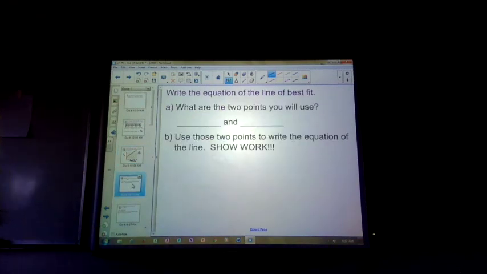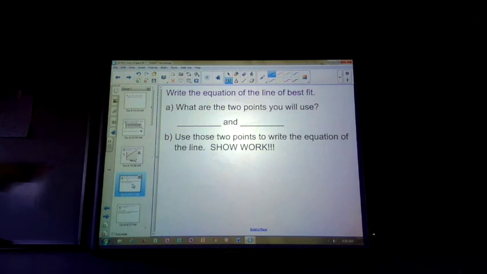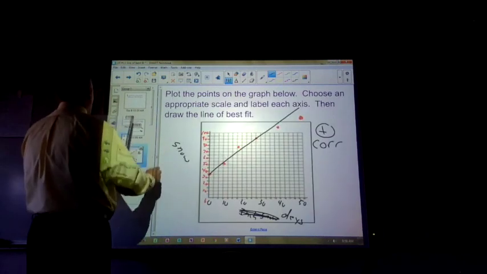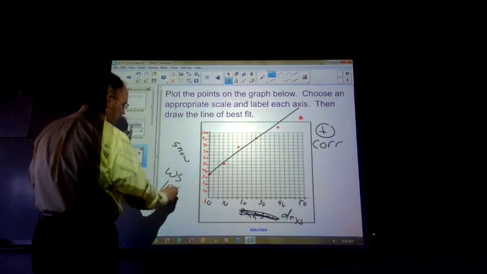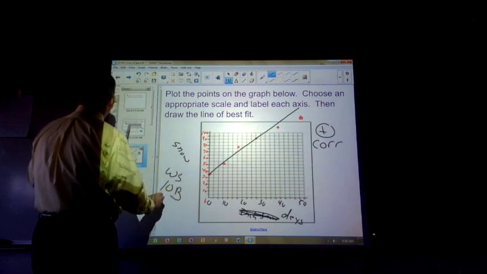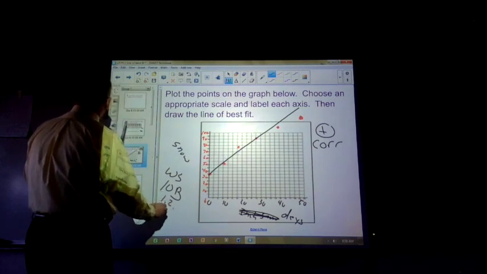For tomorrow, what I'd like you to work on, and we'll check this off, is worksheet 10B. Let's do 1 and 2.